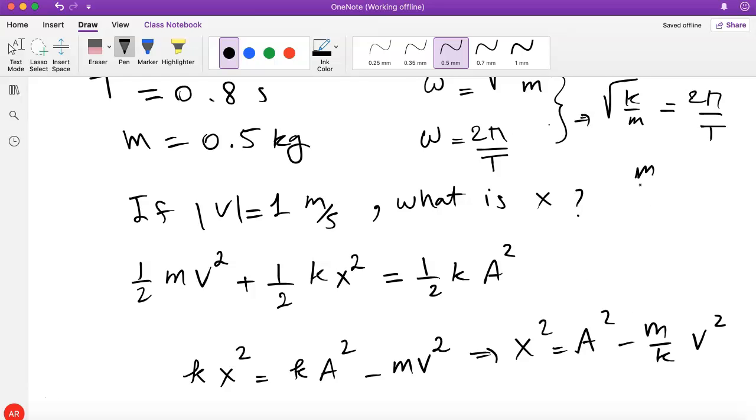And m over k, if you square this and switch numerator and denominator, is T over 2 pi, squared.